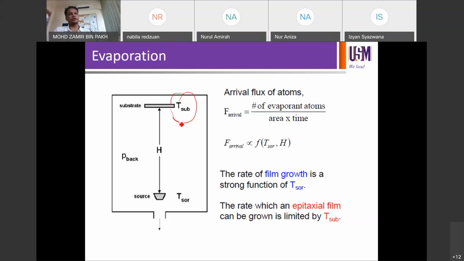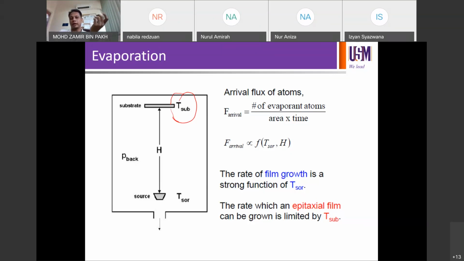So substrate temperature or source temperature means you can actually regulate or control the temperature of the source or of the substrate. So in this case, the source is mainly controlled by the current passing through the source in order to initiate the evaporation. But at the same time, you can actually vary the substrate temperature of your silicon or of your glass, right?